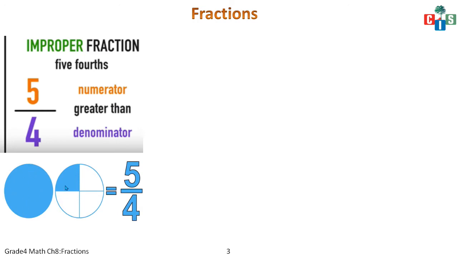There are 4 sections in it, 4 parts colored and 1 more, so 5 parts are colored. See, what is the numerator? It is always the colored part. So the numerator is 5. Here we have 4 parts plus 1, that is 5 parts, and the figure is divided into 4 sections, that is why the denominator is 4, that is 5/4. Fine, this is an improper fraction.